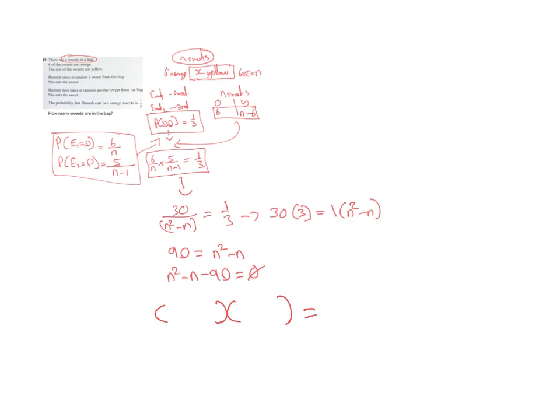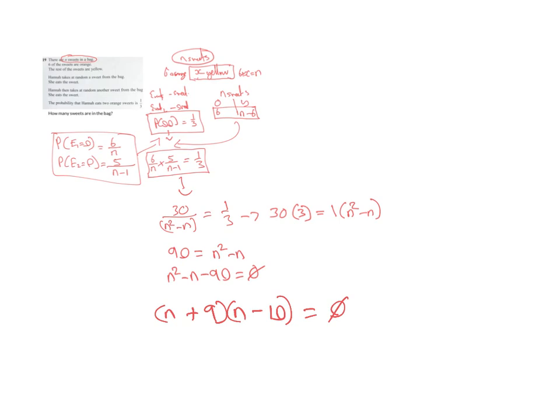Okay, so three-term quadratic. A is 1, we know it's going to be n and n. So factor pairs of negative 90 that sum to negative 1, which is the coefficient of the n term, okay? So 10 and 9, okay, we need negative 1, so that means the biggest one's got to be negative, the 10, positive there. Always multiply it out in your head just to make sure it's right.